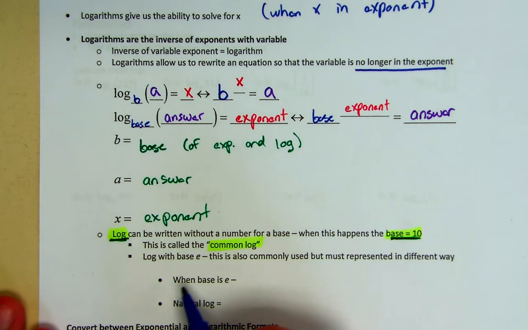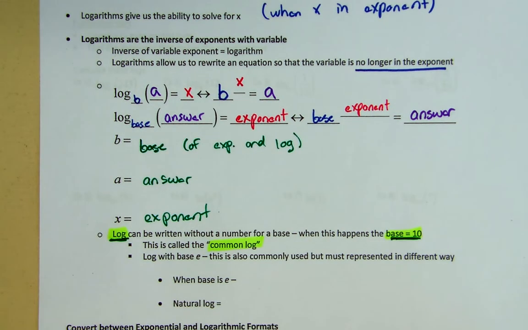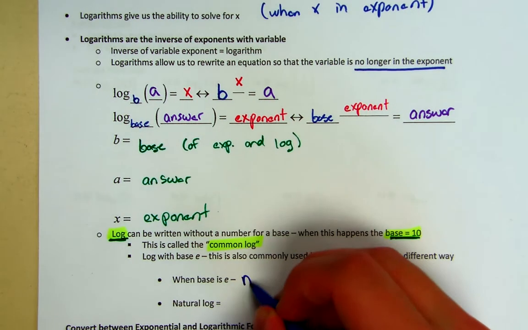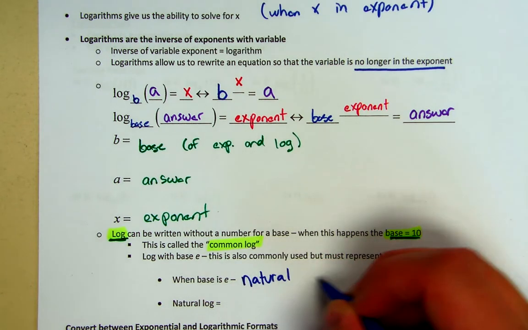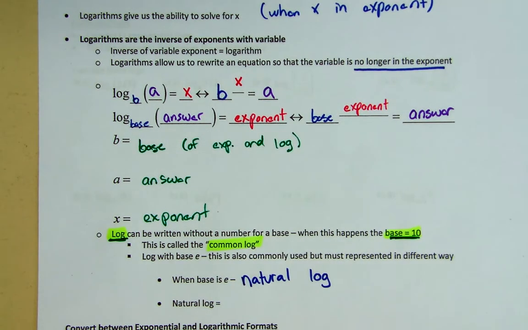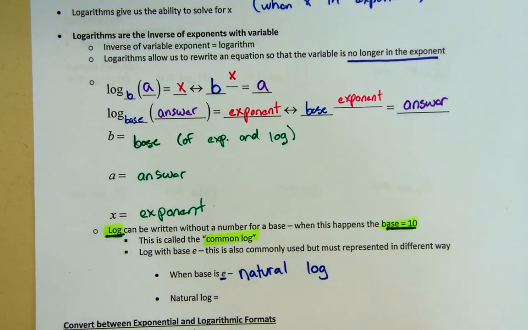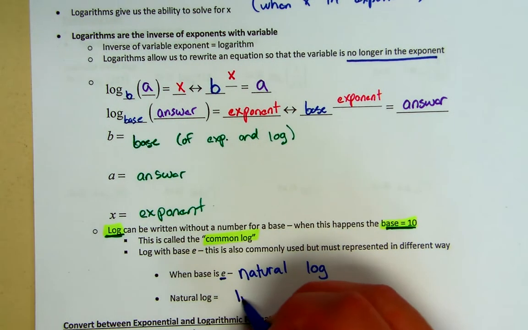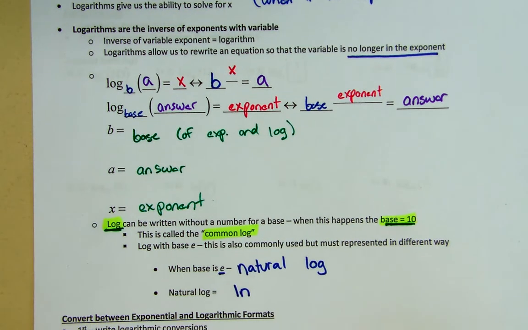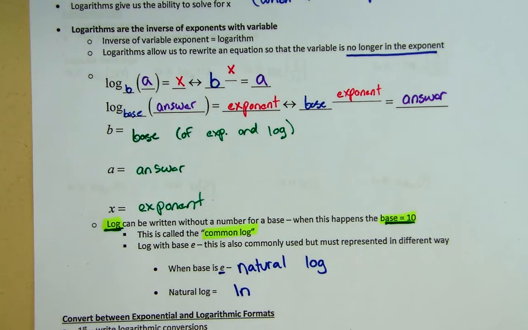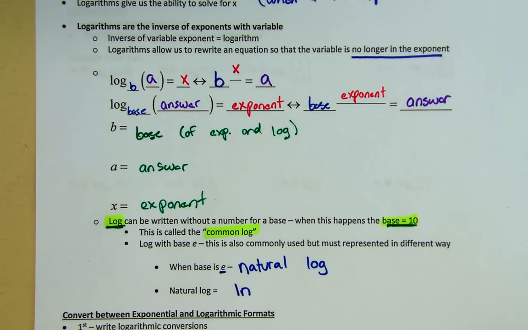When the base is e, that is represented differently. We call that the natural log. The natural log is represented, again, when e is there, and we use the letters ln. Never, ever call it ln. It is the natural log. So if you see this, you have to say natural log. Alright, so that's kind of the basics.